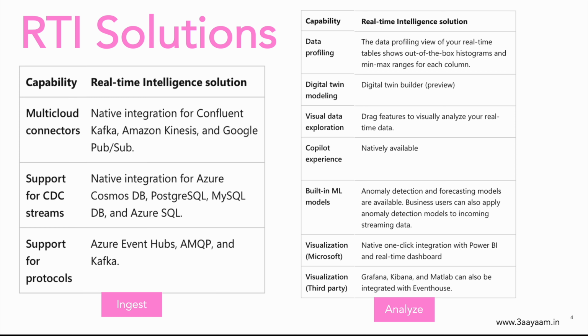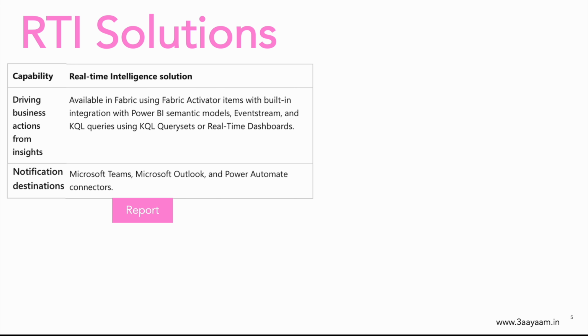For the analysis, there are various different tools provided. First is data profiling, and the RTI solution gives you the capability to profile data in near real time. Then you have digital twin modeling, visual data exploration, Copilot experience, etc. So these are the analysis tools which are provided by real-time intelligence. Then we have reporting capabilities also built into real-time intelligence.